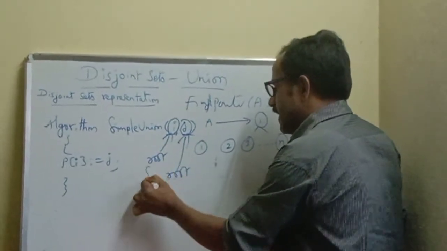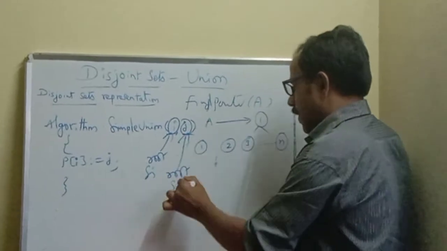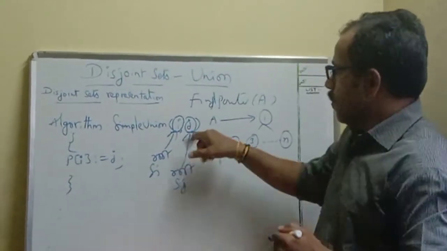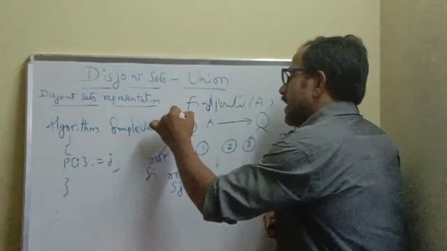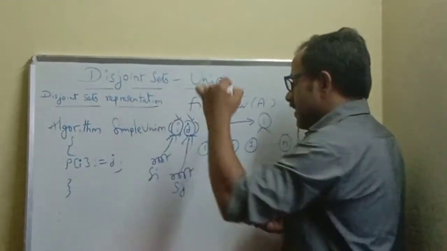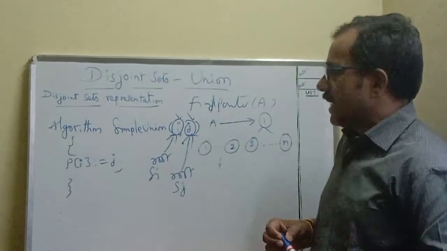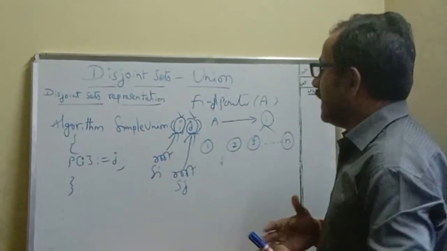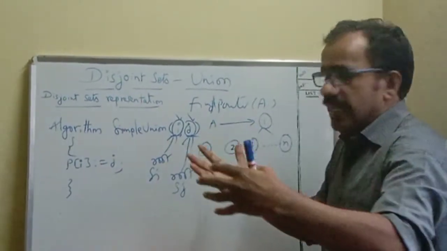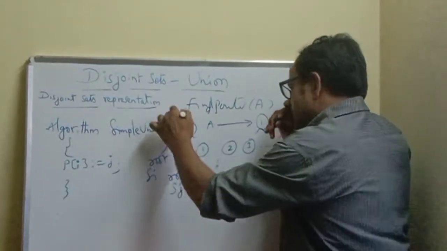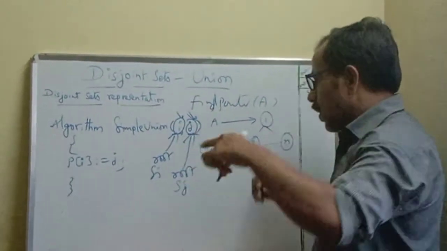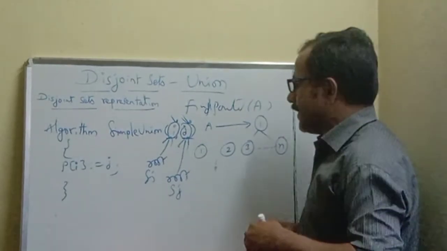Let us assume the first set is Si and the second set is Sj. So the root node related to Si is I, and the root node related to Sj is J. I am passing these two root nodes as parameters. The ultimate aim is combining these two trees to get the combined tree structure format. That's why this union requires two parameters: the root node of the first set and the root node of the second set.